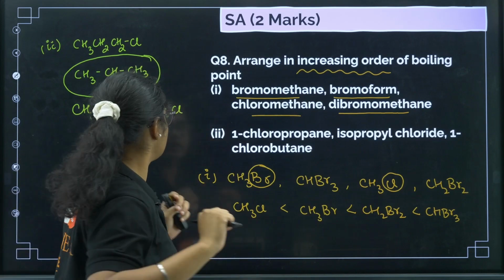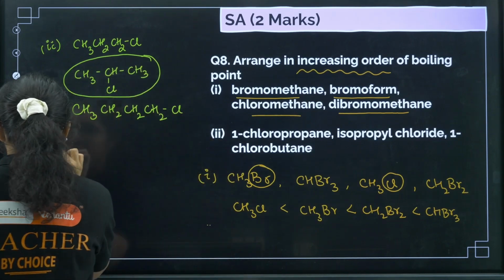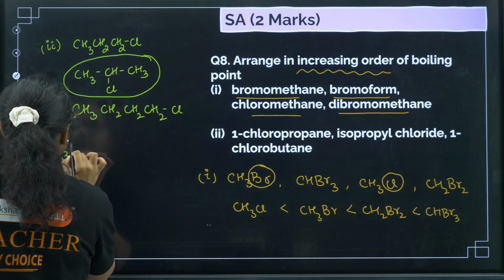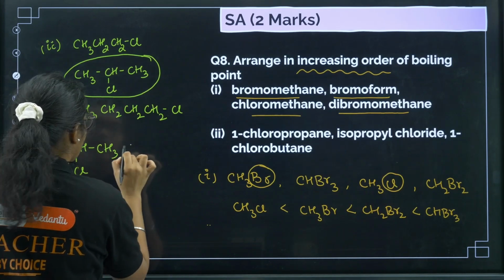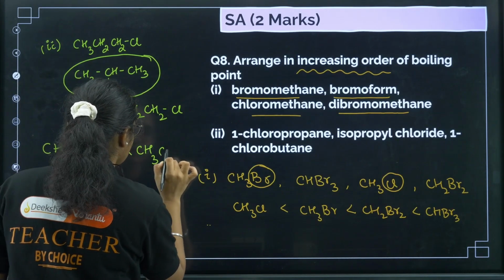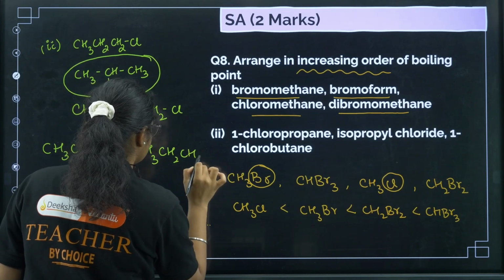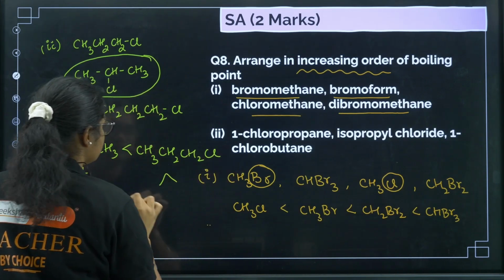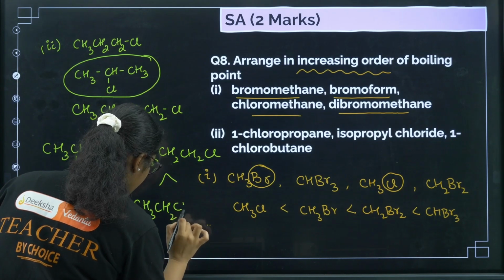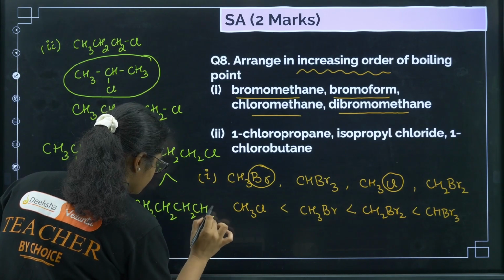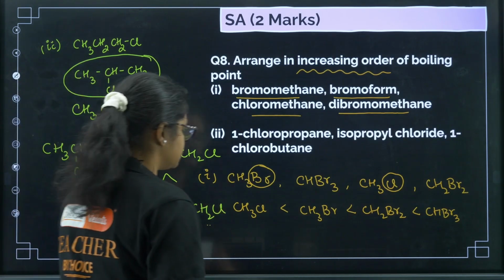So that is why the boiling point of this one is less and the order will be CH3, CH, CH3, Cl, then CH3, CH2, CH2, Cl, and then we will get the butane one, that is this one. Okay, I hope the answer is clear, students.